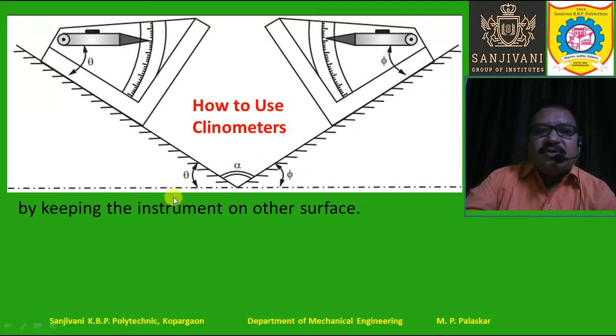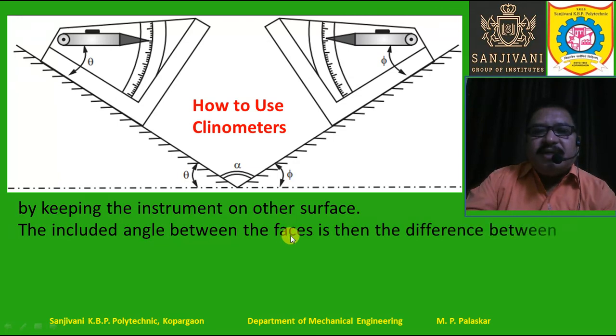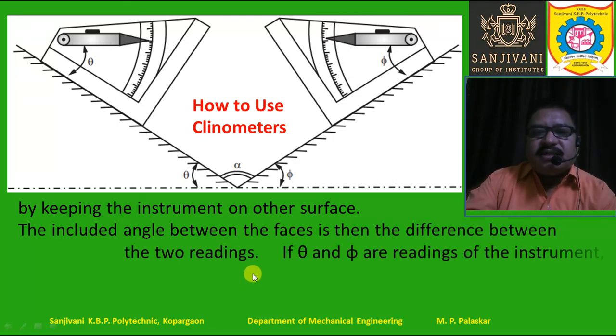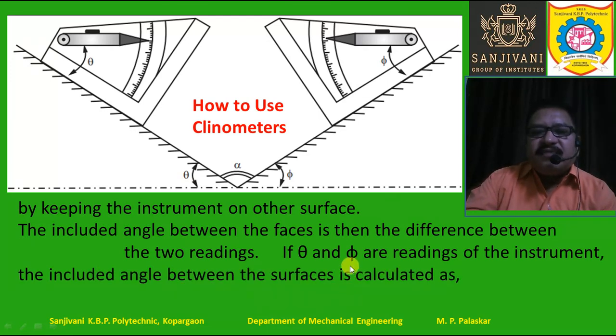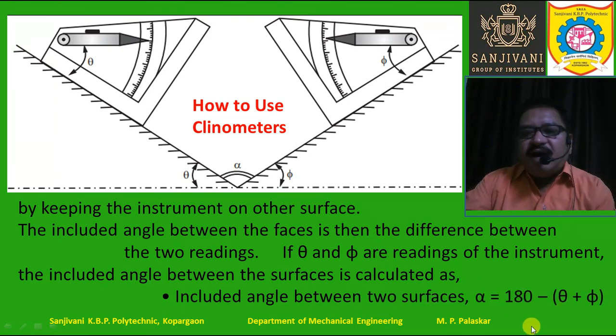So the instrument is kept on the other surface, and the angle obtained is phi. The included angle between the faces is then the difference between the two readings. If theta and phi are the readings of the instrument, the included angle between the surfaces is calculated as alpha equal to 180 minus theta plus phi.